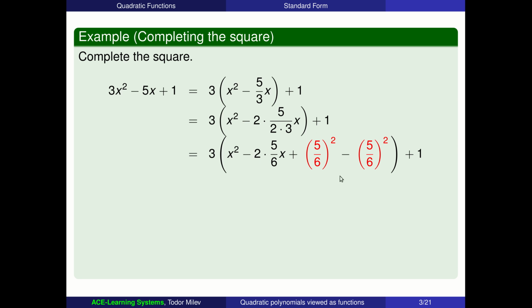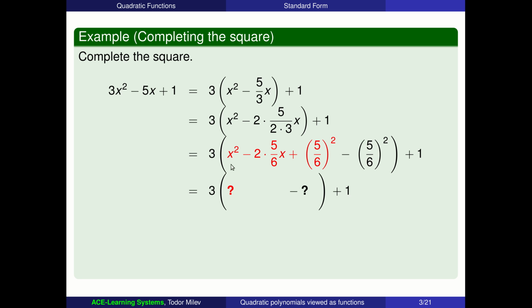So we have to add 5/6 squared and subtract 5/6 squared in order to complete the square. Now, once again, you can see that the number 5/6 is going to be shown in 3 places in our computations. Here, here, and here. So we have to see the same number in multiple positions in our computations.